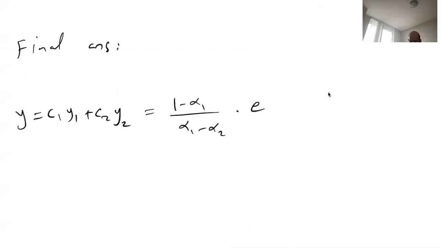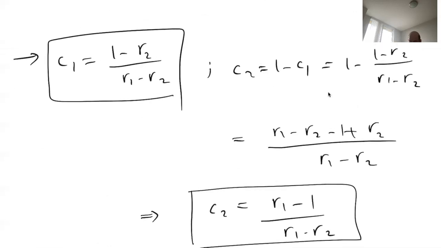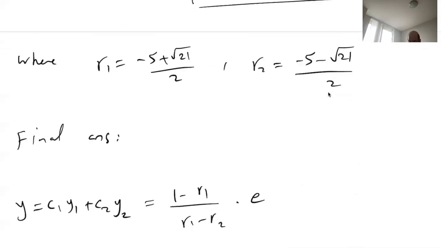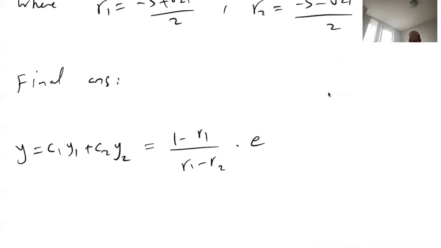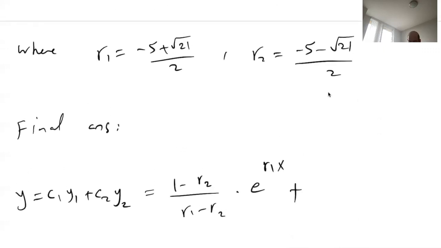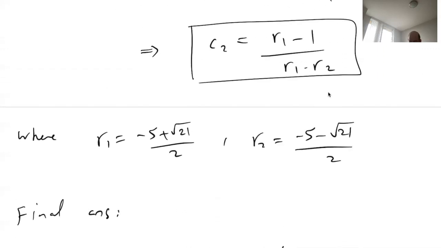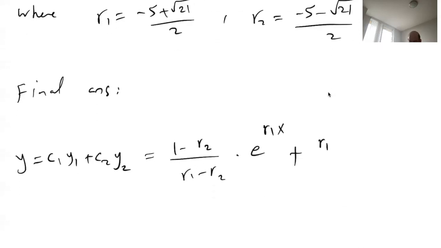And the final answer will be c1 y1 plus c2 y2. So that will be 1 minus R2 divided by R1 minus R2 times e to power R1 x, plus the second part, c2, which is R1 minus 1 divided by R1 minus R2 times e to power R2 x.